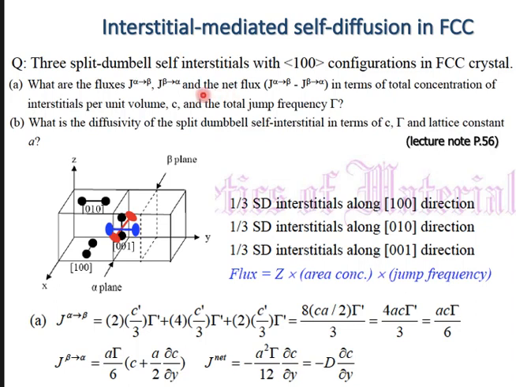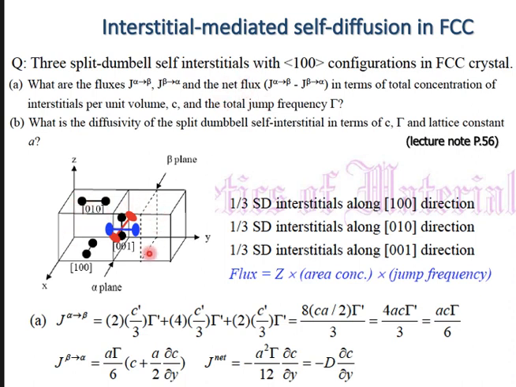So we already told you, if you want to get the diffusivity by using Fick's first law, you need to get the net flux, right? In order to get the net flux, you need to identify 2 planes, alpha plane and beta plane, and write down the corresponding flux. The flux from alpha to beta minus the flux from beta to alpha, then you get the net flux.